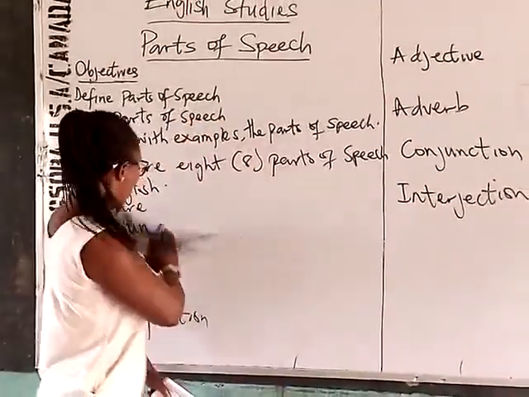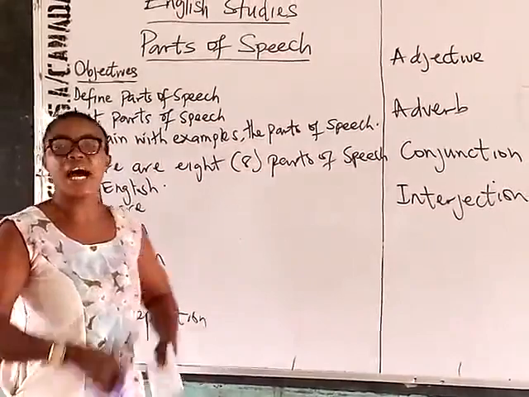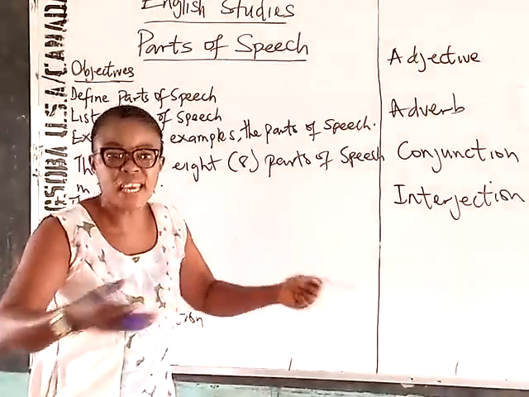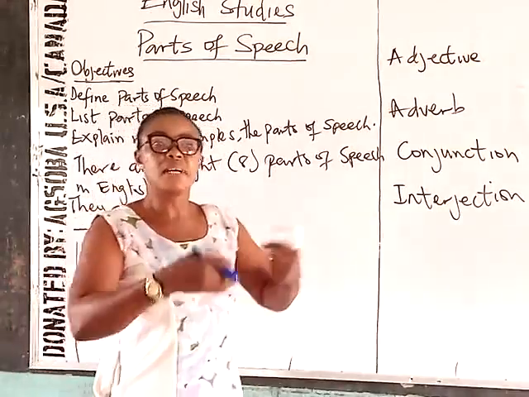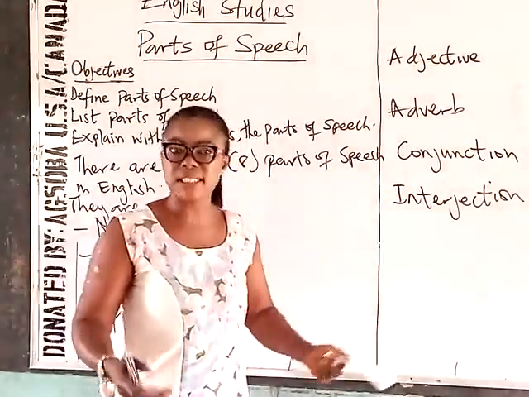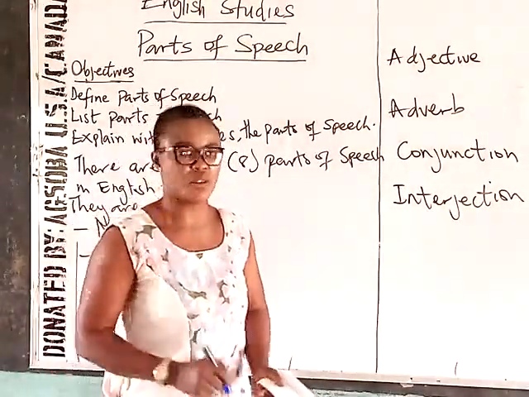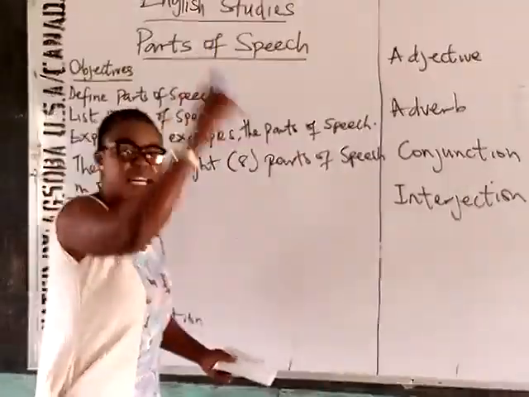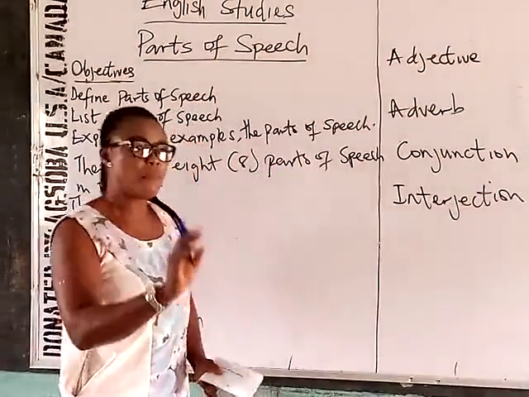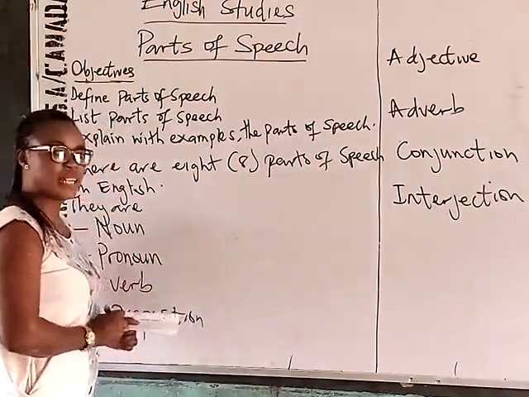Now, what is a noun? Nouns are naming words. They name persons, they name animals, they name things, they name places, and also they name abstracts. In a forthcoming lesson, I'll be explaining in detail all these things. But briefly, I want to explain noun.